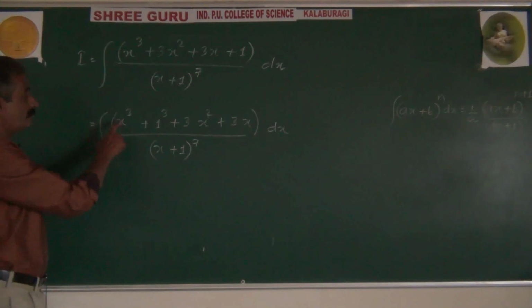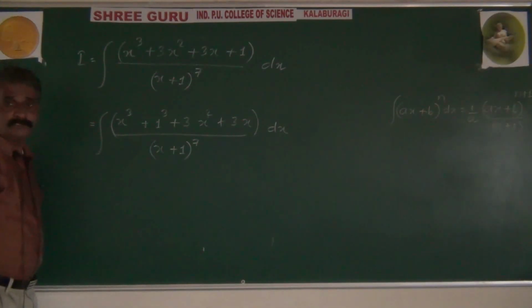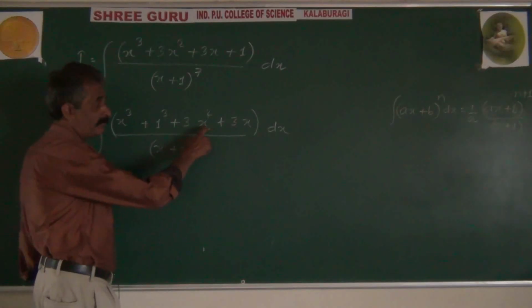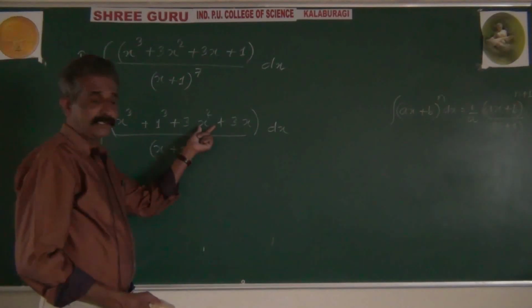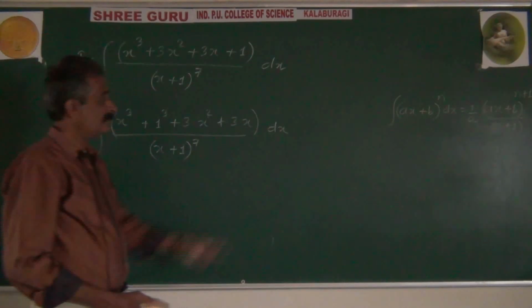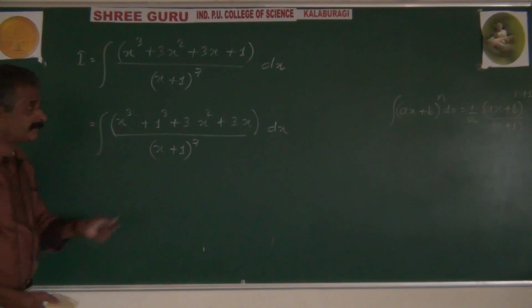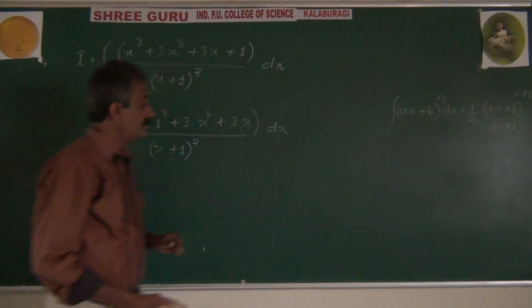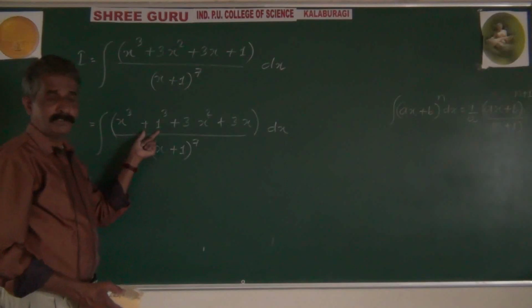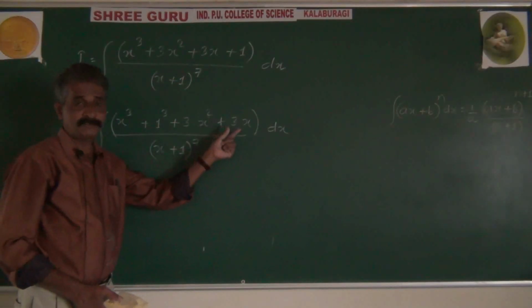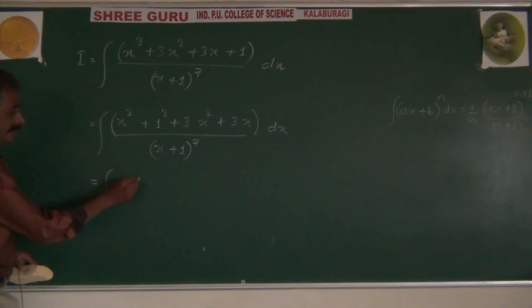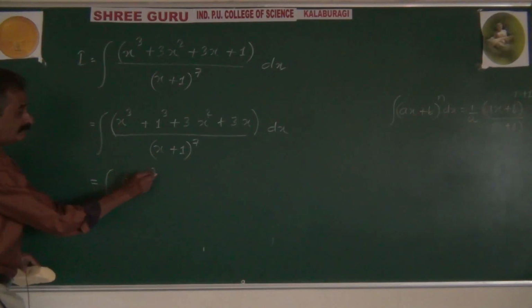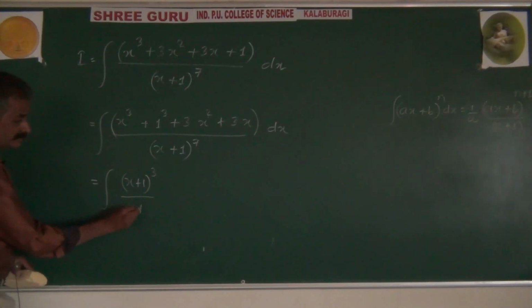It is just like a cube plus b cube plus 3a square b plus 3ab square, because the multiplication by 1 or 1 square does not make any change to the expression. What it is, is nothing but (a plus b) whole cube, so the numerator is (x plus 1) cube divided by (x plus 1) power 7.